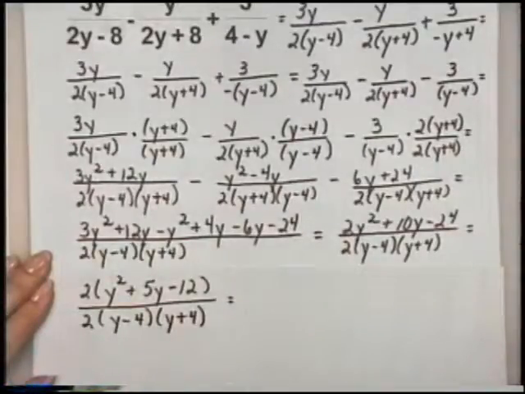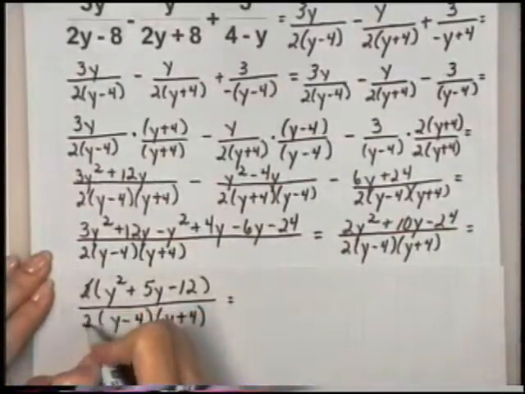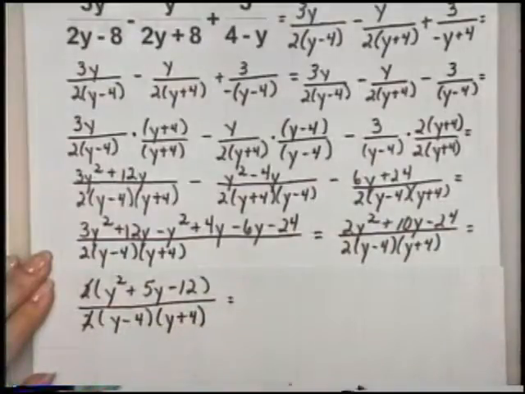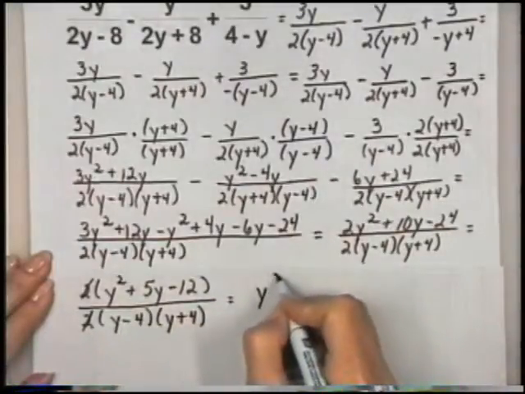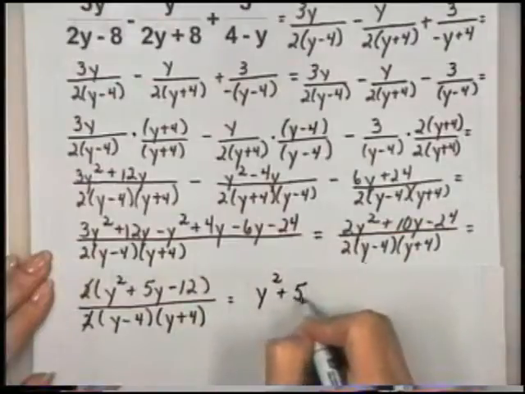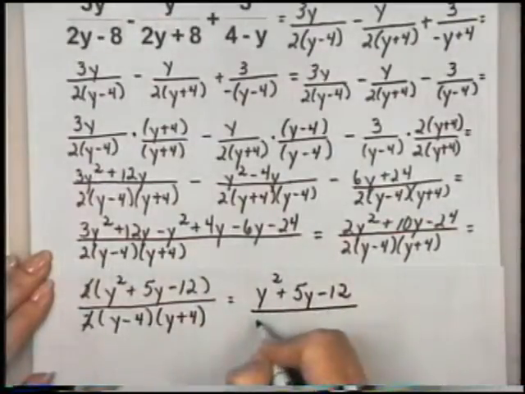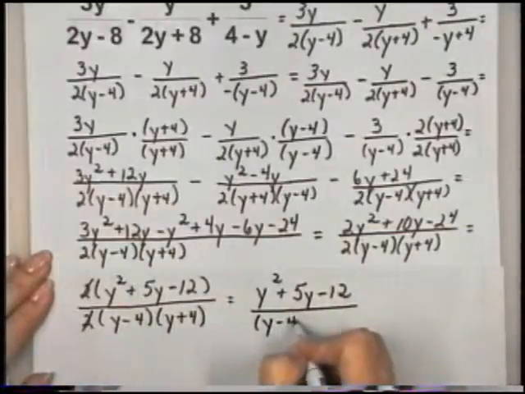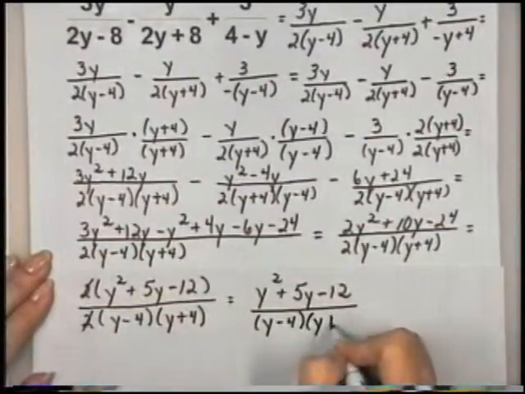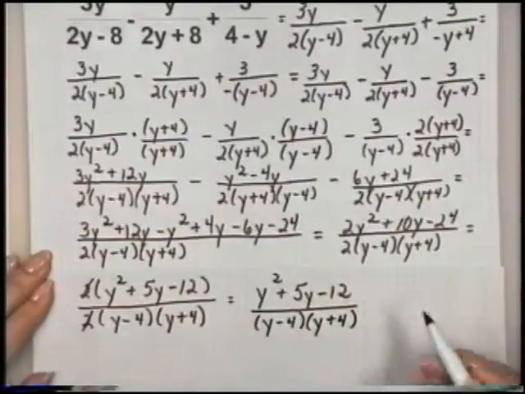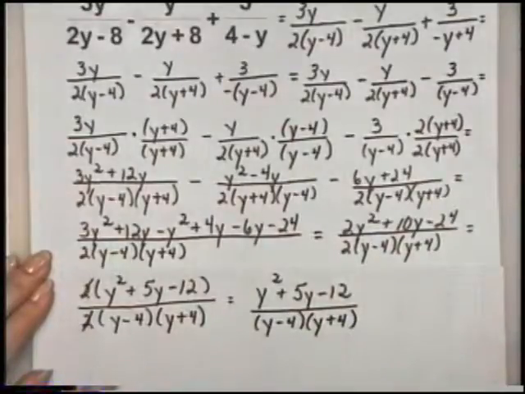Since my 2's are both factors, I may cancel them, or I may think 2 divided by 2 is 1. I'm left with y squared plus 5y minus 12 over y minus 4 times y plus 4.